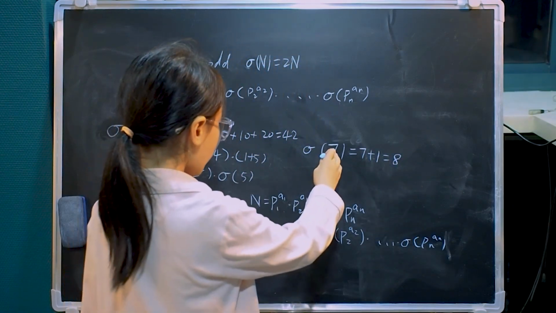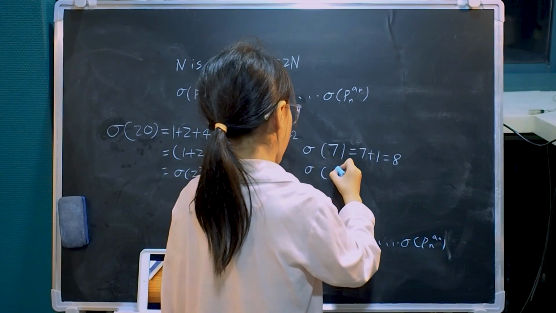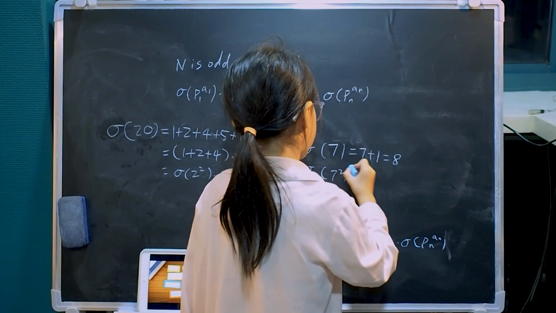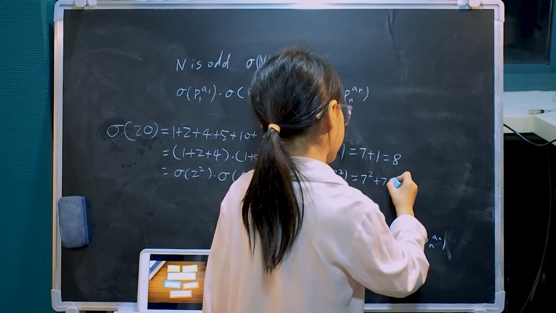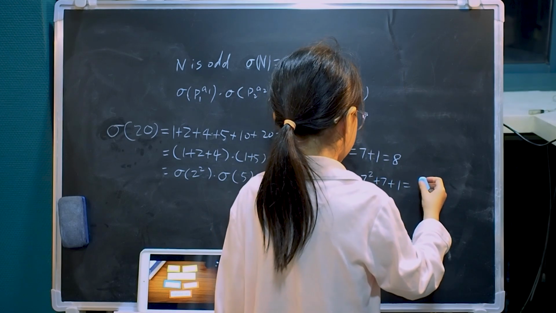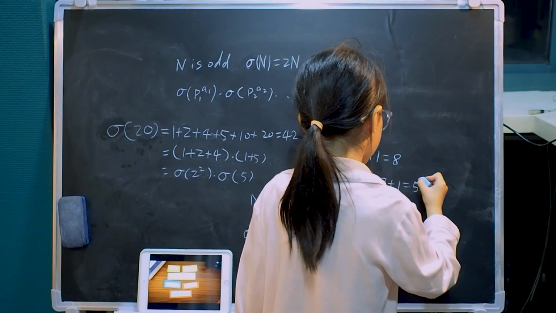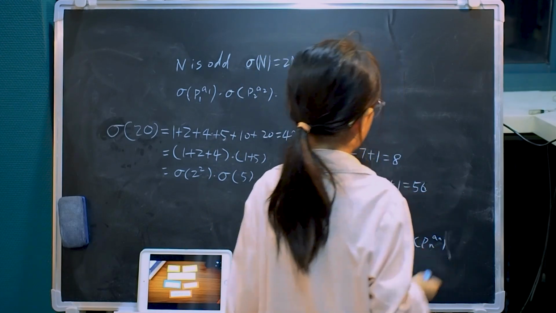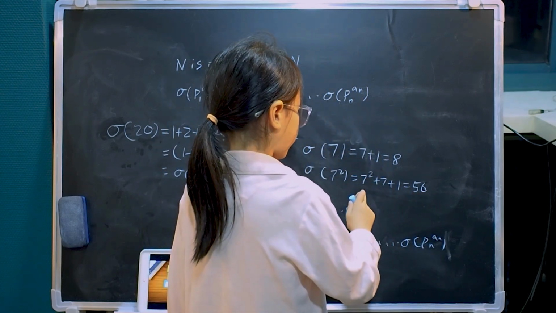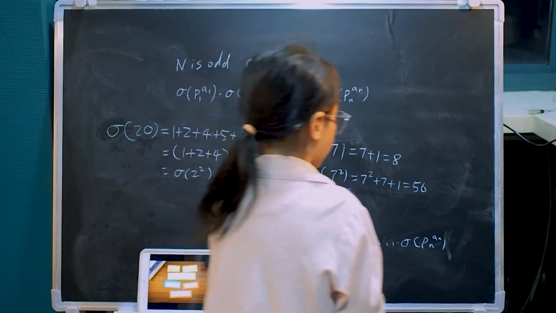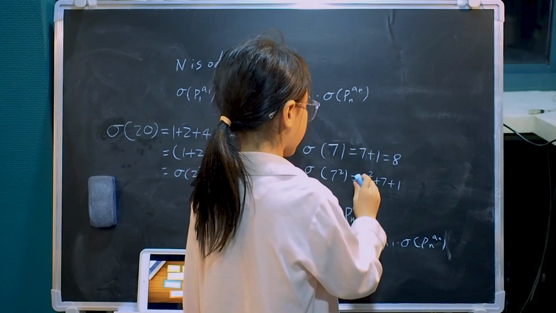Sigma of 7 to the 2 is 7 to the 2 plus 7 plus 1, which equals 57.